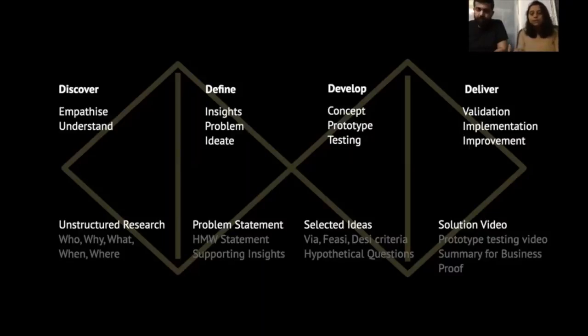Then you have to submit a problem statement with supporting insights that will help us understand how well you have defined the problem. In the develop area, you need to submit ideas and concepts which fit into the viability, feasibility, and desirability criteria, along with hypothetical questions that will support your selected ideas.